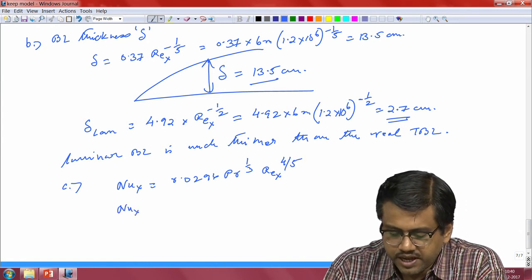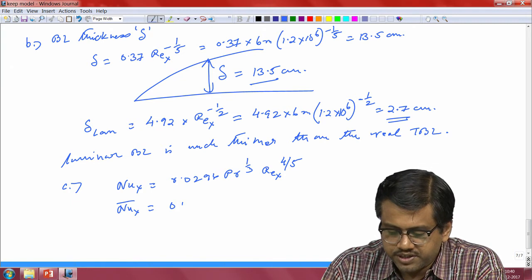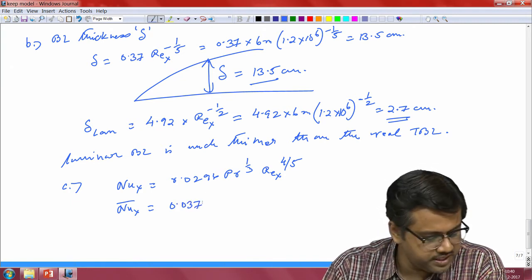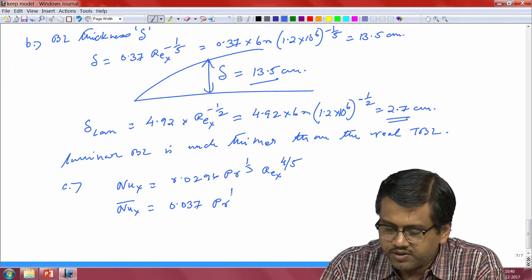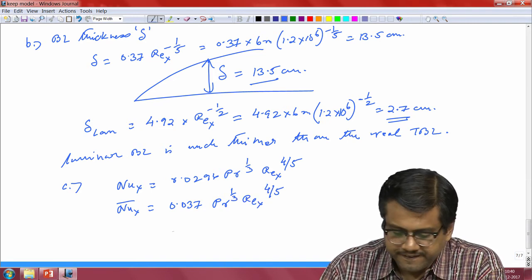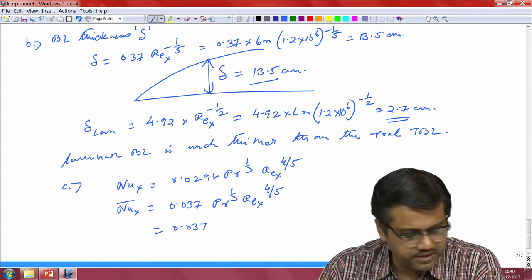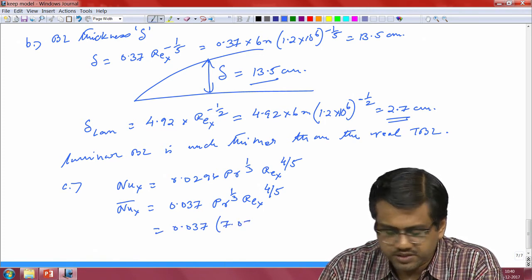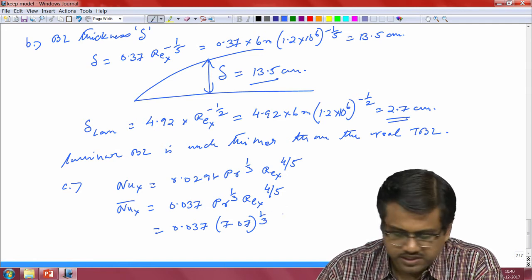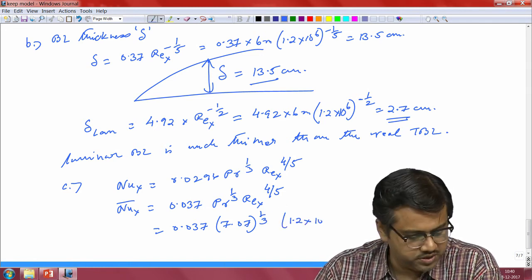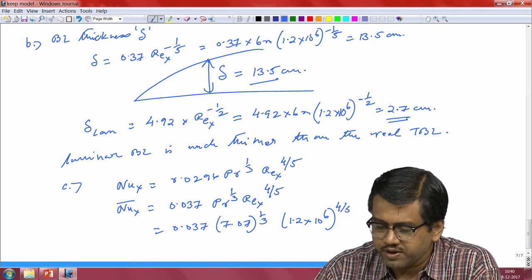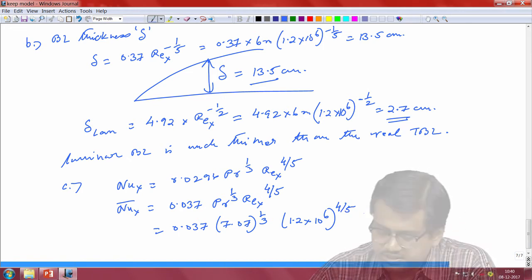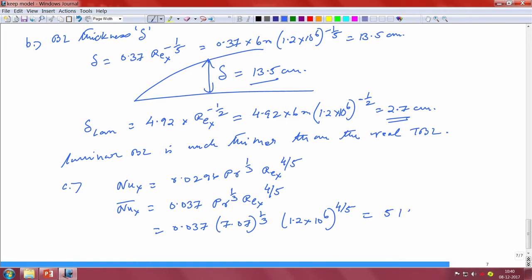So Nusselt number x bar is 0.037, Prandtl number 1/3, Reynolds number 4/5, 0.037, 7.07 to the power of 1/3, 1.2 into 10 to the power of 6 to the power of 4/5. This gives you about 5184. What is your heat transfer coefficient?